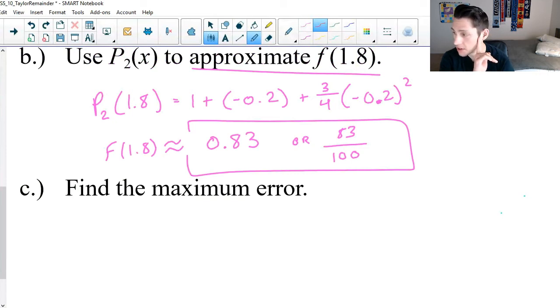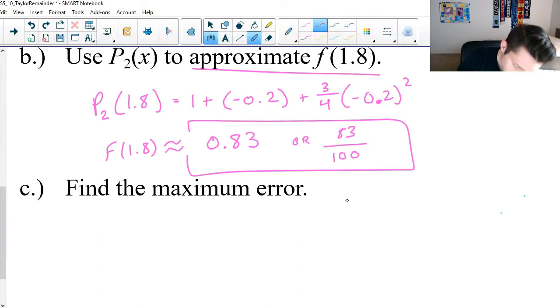Okay, find the maximum error. So our error formula, reminder, is this.